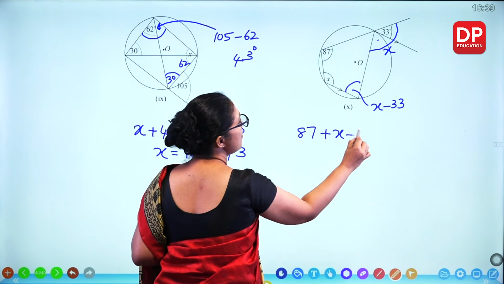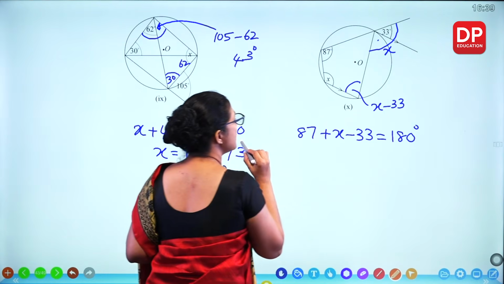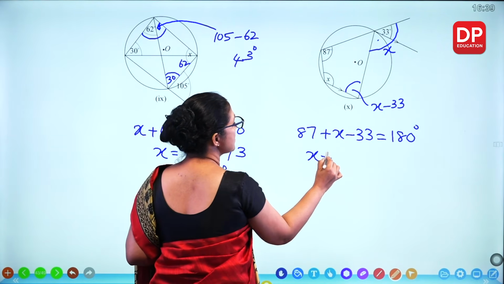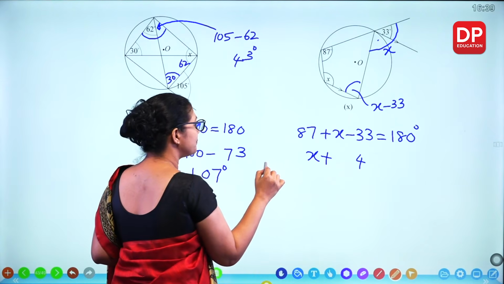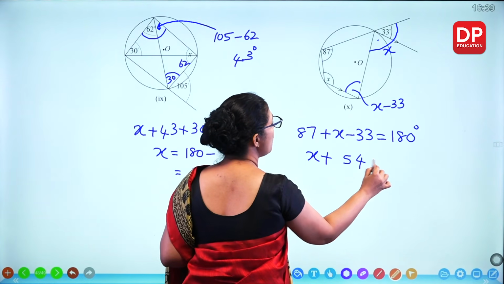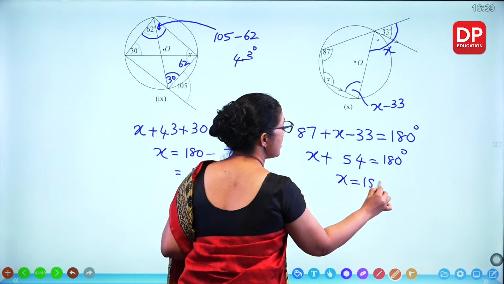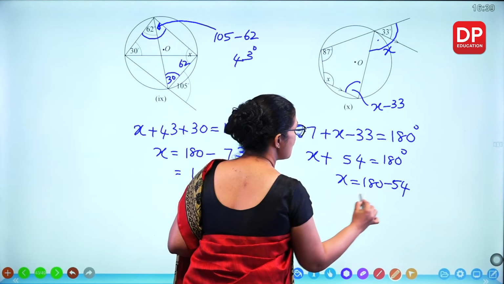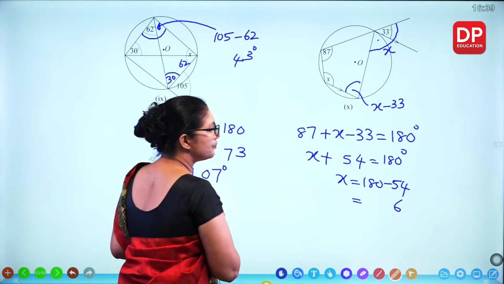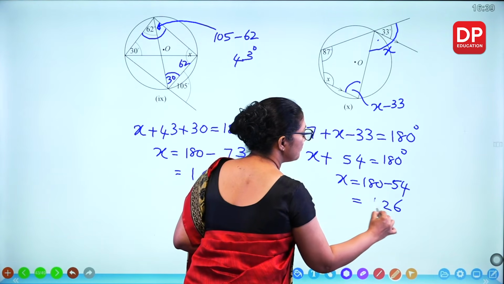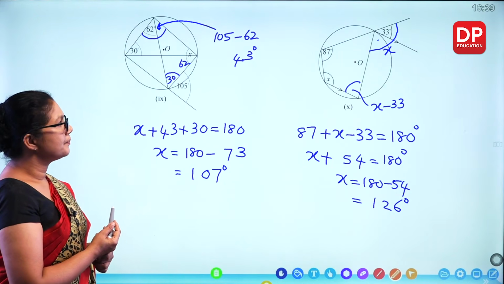87 plus x minus 33 equals 180. So x plus, you subtract these two, 54 equals 180, x equals 180 minus 54, 126 degrees.